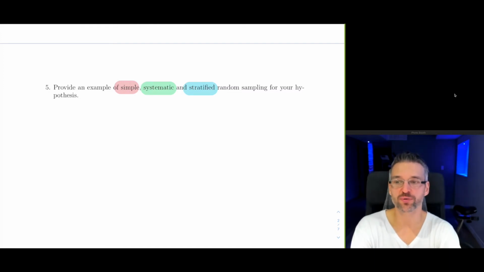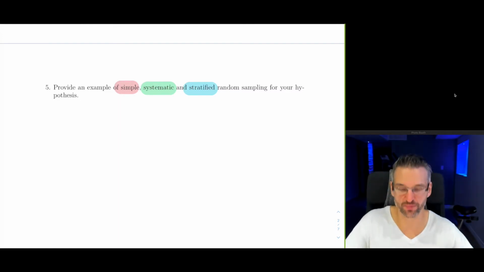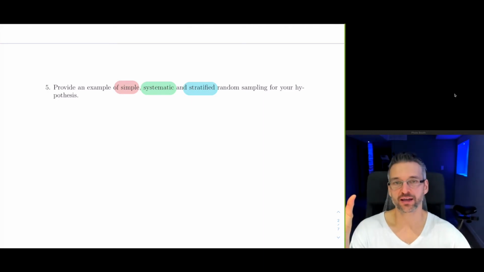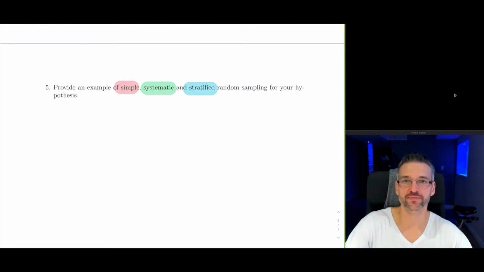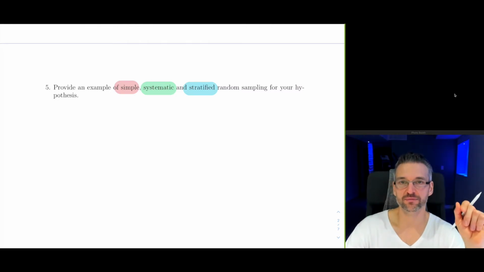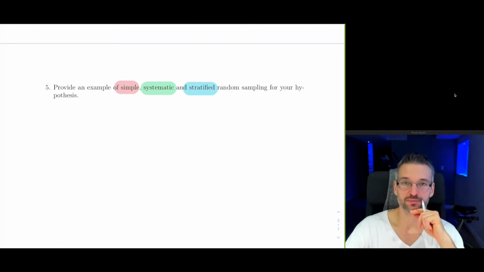So if I wanted to provide an example, let's assume that we have the entire population of students with 90% or more attendance. So for simple, what I could do is take all those students and arrange them in alphabetical order, and then at random, let's say I wanted a sampling of, say, 5,000 students in total.